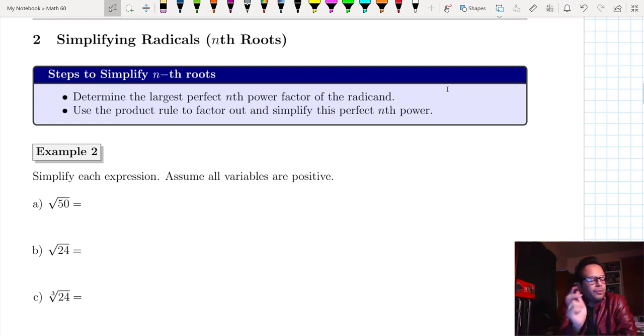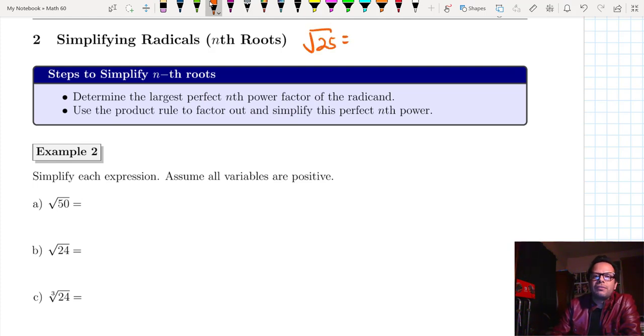All right, now we're going to do this multiplication but backwards, right? So how do we simplify this? Well, in the previous couple sections, we were evaluating quantities like the square root of 25, which equals 5, or the cube root of 27, which equals 3, or the fifth root of 32, which equals 2, right?